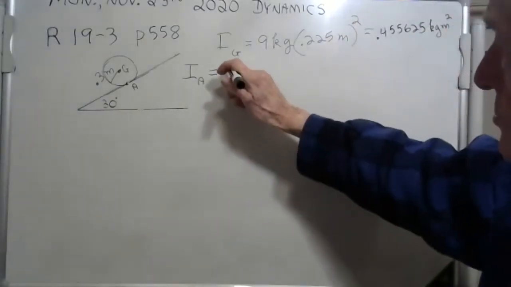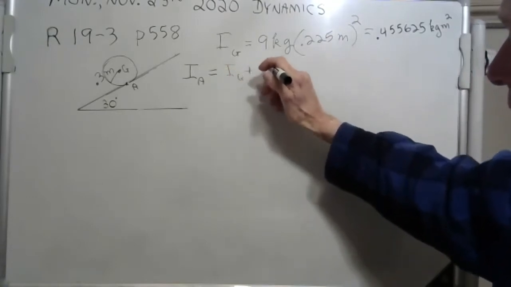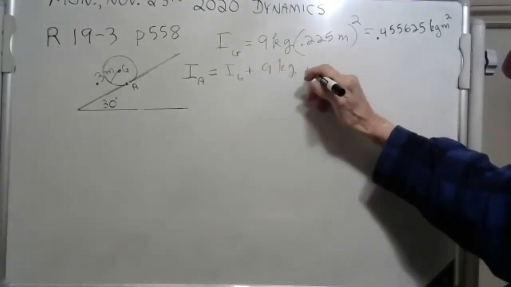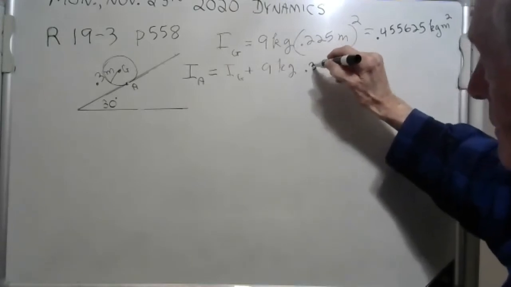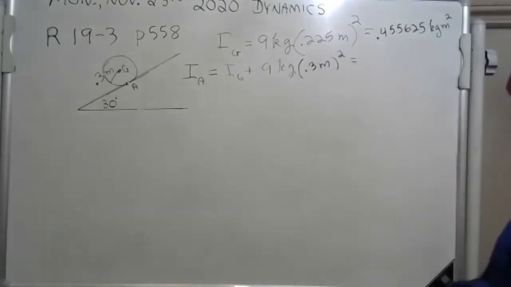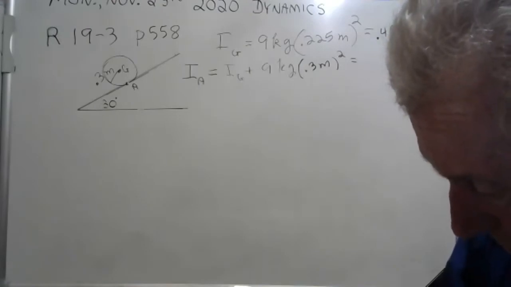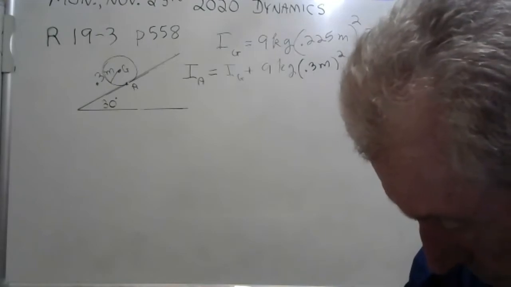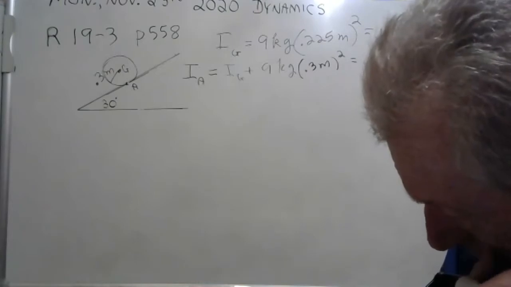You got to go IG, and then you have to go 9 kilograms, and then you have to go 0.3 squared. Shane, do it again. I don't think you got the right number. Yeah, I got the same 1.2556. Typing something wrong.